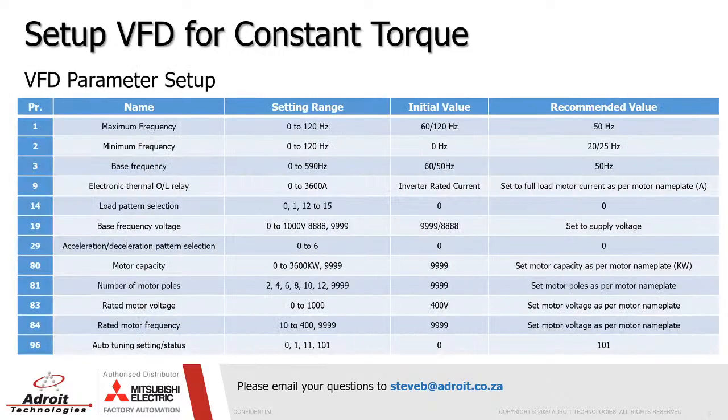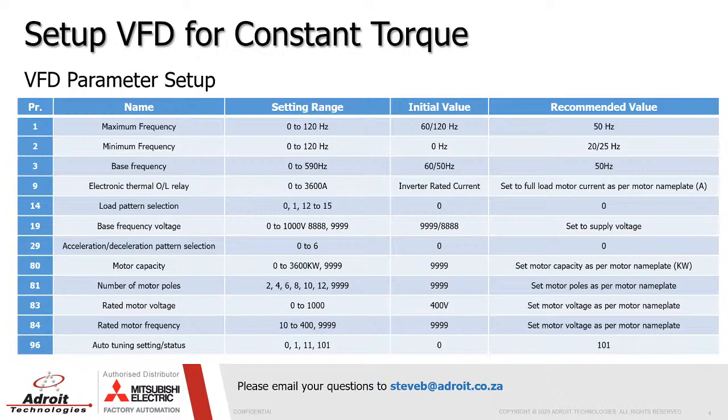Now, for this, we have a group of parameters to set up in the VFD to achieve a constant torque setup. First of all, we need to tell the VFD what our maximum and minimum frequency is for the application. If you have a fixed frequency that you're going to run at, for example 50 Hertz, then your minimum and maximum frequency is going to be set to 50 Hertz.